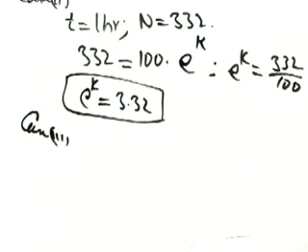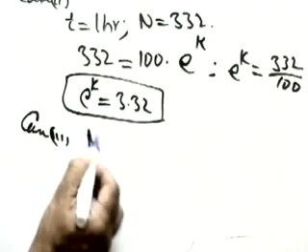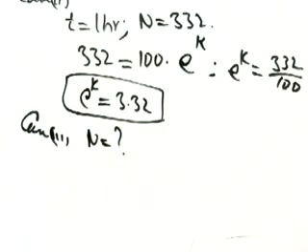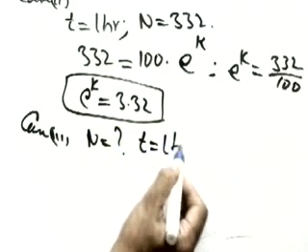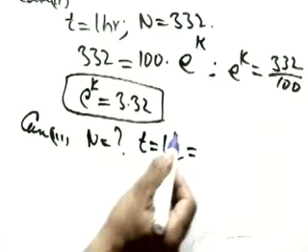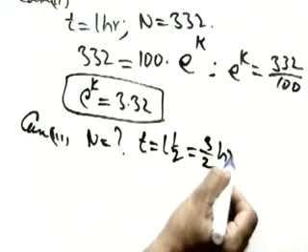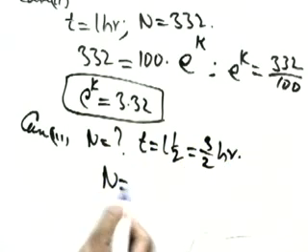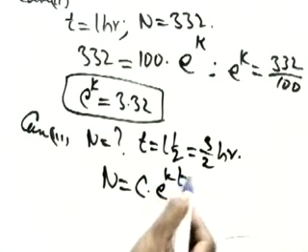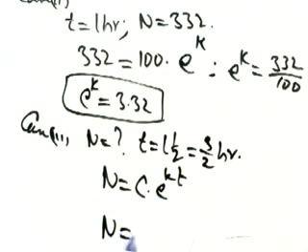Now the third step is about the question. Case 3: what is the value of N after 1.5 hours? That is 3 by 2 hours. Now again let me substitute in the formula N equals C into e power kt.